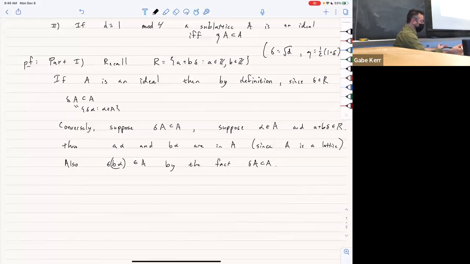Then putting this together with the distributive property, we get that a plus b delta times alpha is a alpha plus b delta alpha, which is in the lattice. Part 2 is the same exact argument, the only difference is that we replace this with A.